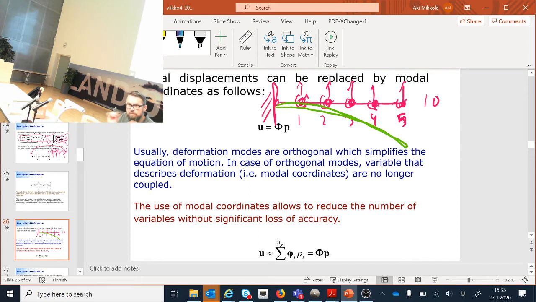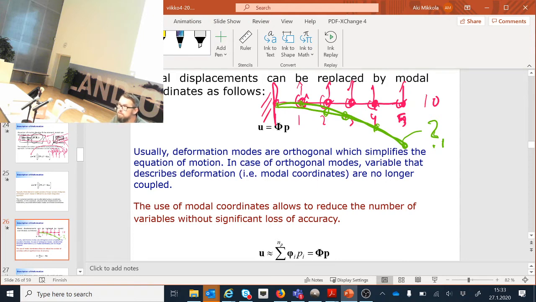I have a deformation where each one of the nodes will move according to this behavior pattern, like shown here, and they will rotate according to this behavior pattern. How much will this contribute? How much will this affect? I don't know. This is my question mark, and it's question mark 1.